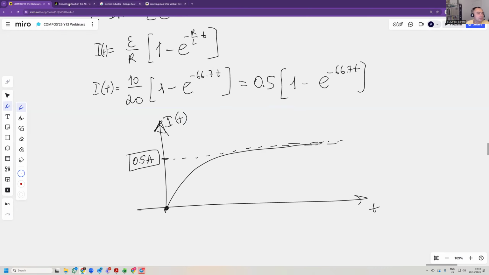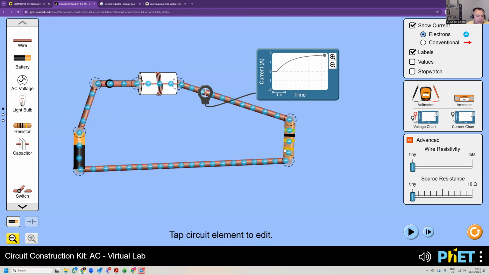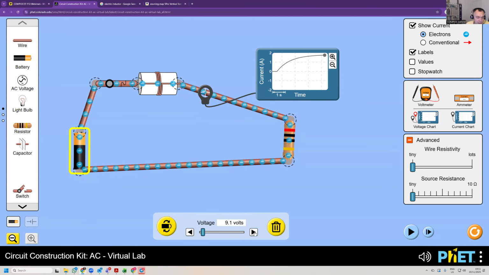Let's see if that makes sense. So let's say, Henry, can I change it to 0.3? Oh, come on. Yep, 0.3. Now the resistance is 20, and the voltage is 10.